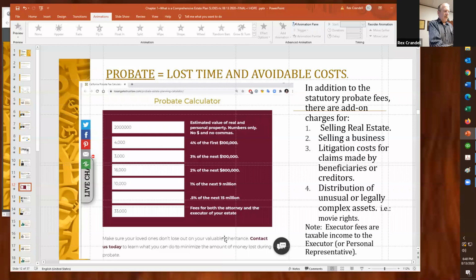When you have joint bank accounts, the concept with joint tenancy is that when one of the parties dies, it automatically goes to the survivor. So it wouldn't be going to the trust. It would go to the survivor if it was joint.